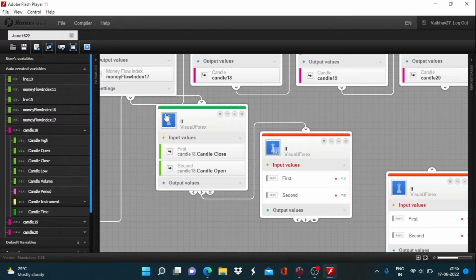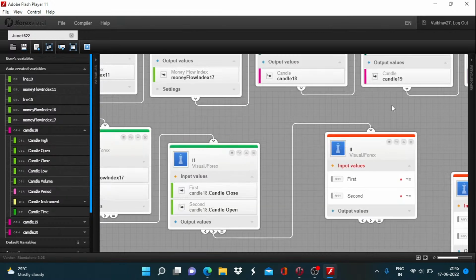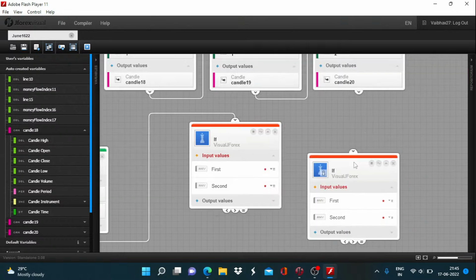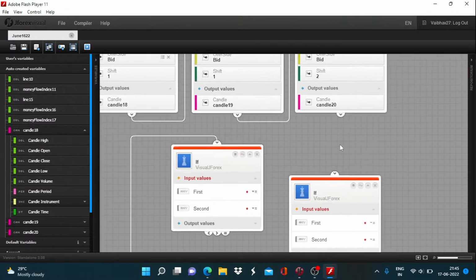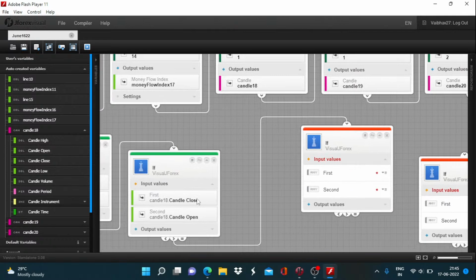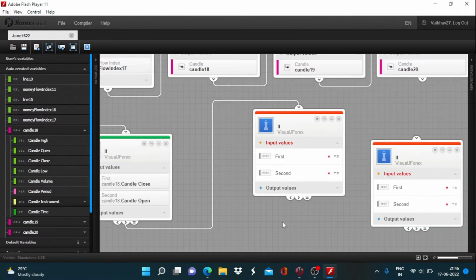All right, then we consider the entry point, which is going to be the closing price of the last hourly candle. So as soon as the price starts to rise above the last 1 hour's closing price, we'll look to initiate the trade.